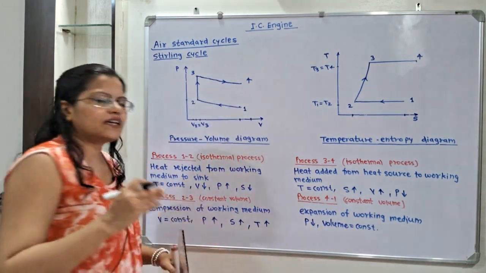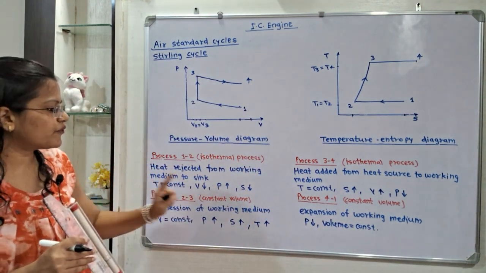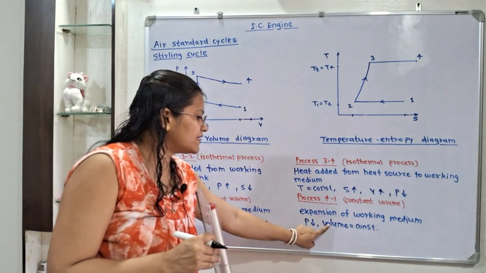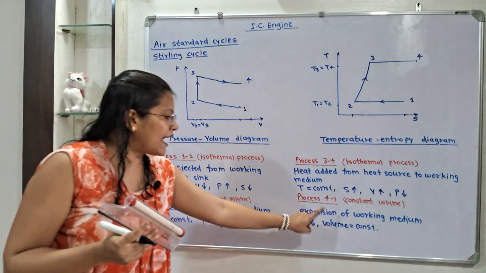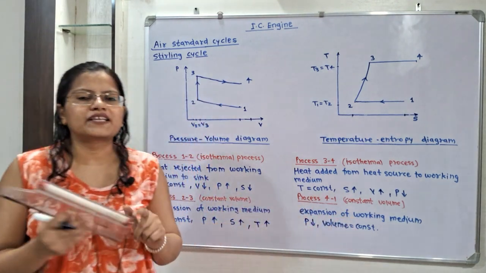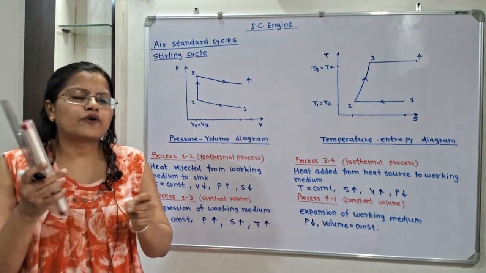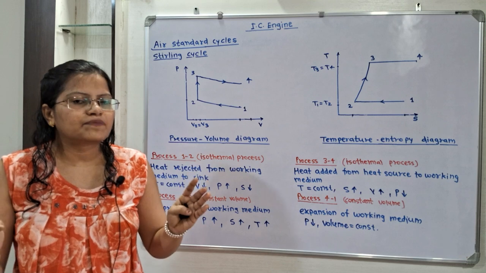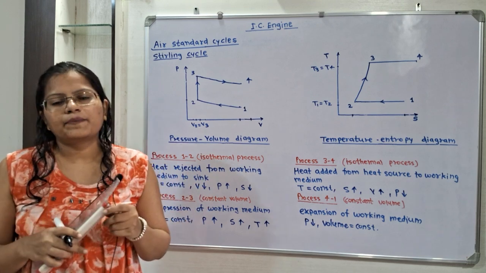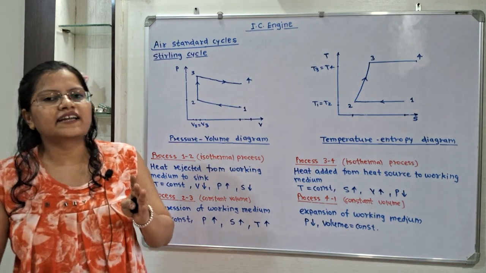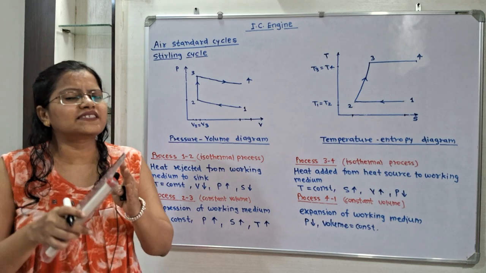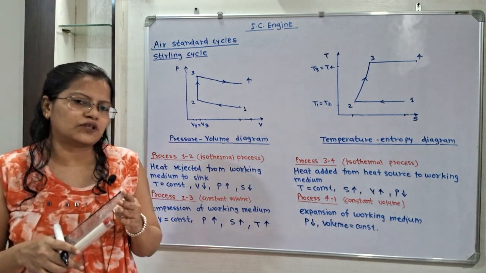Then what is its effect on the entropy? So if we observe, when the pressure decreases, the volume must increase. But what is happening when the working medium expansion is taking place? So when the air is getting expanded, then its temperature decreases and some heat is getting rejected to the surrounding. That means this is the heat rejection process to the sink.